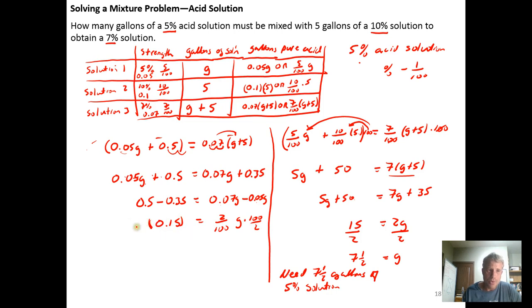Do the same thing to both sides, so multiply by 100 over 2. 100 over 2 times 2 over 100 is going to be 1. When you multiply by reciprocals, you get 1, so you get 1g. The 100 moves the decimal place twice, but it's still going to be over 2, and now you've got the 15 over 2 that you have right there. I think the fraction approach is probably a little bit easier. Again, in the homework, I wouldn't do it both ways. I would pick a way, but I wanted you to see it work through from both directions.